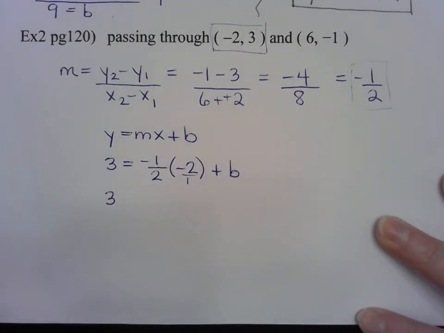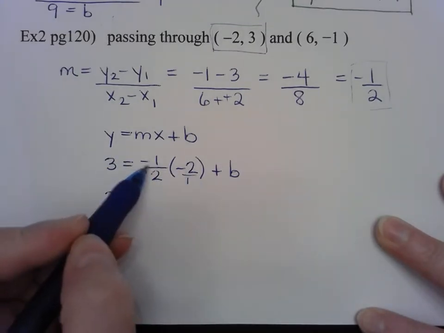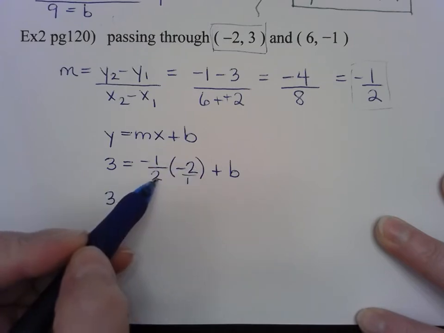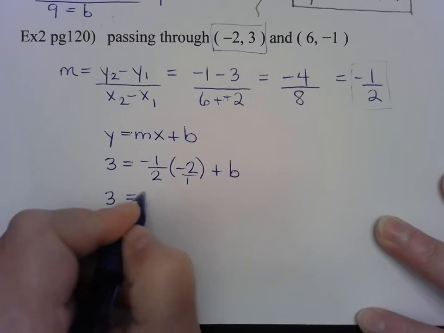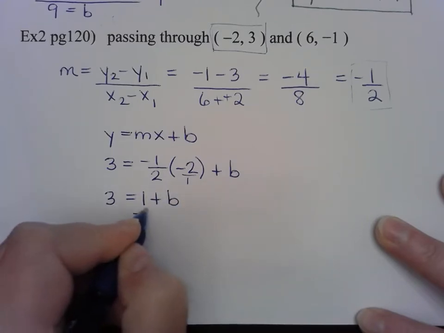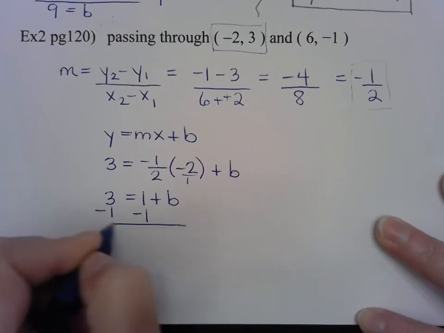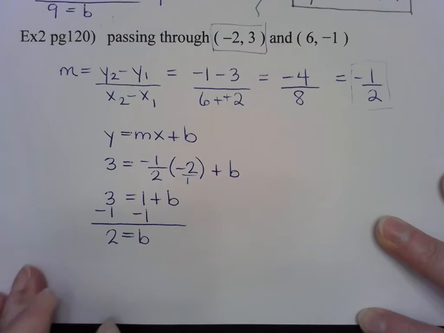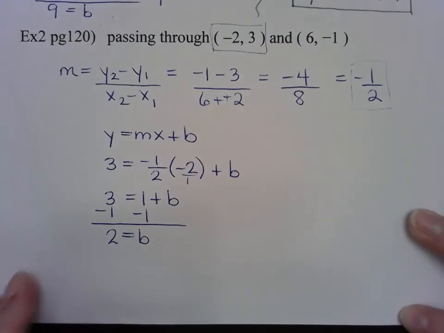So if I multiply these together, this is going to become a positive because they're both negative. I'm going to have 2 divided by 2, which is 1. So if I subtract that 1 over, I find that b is 2.